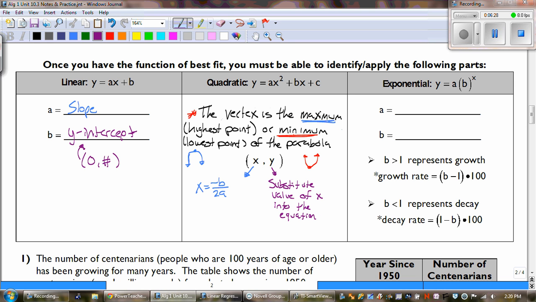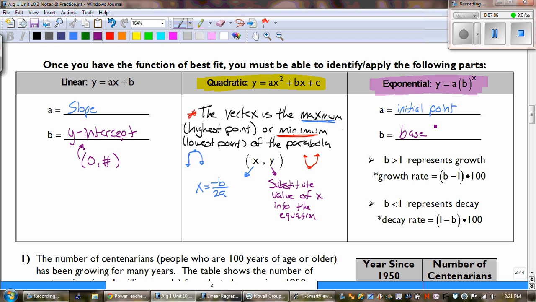Let's go through those equations real quick. The linear, top left, y equals ax plus b. Quadratic in the middle, y equals ax squared plus bx plus c. And then exponential, y equals a times b to the x power. For this, a is our initial point. It's what we start with. And b is our base.